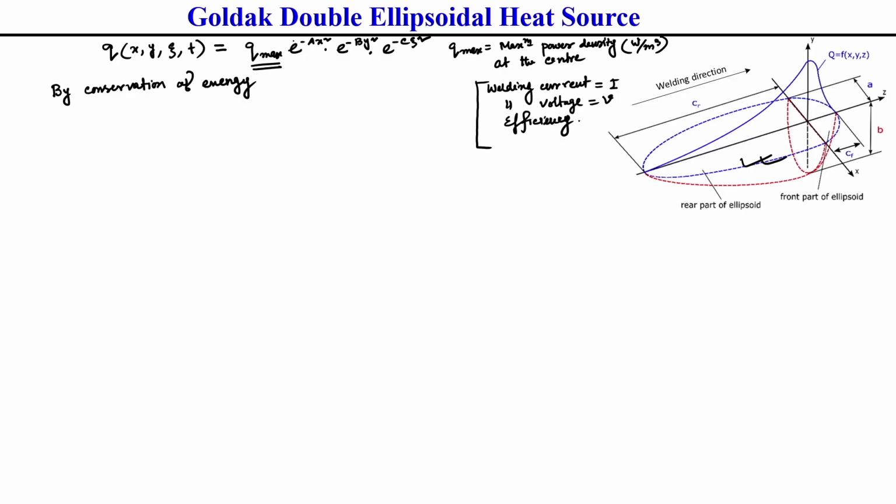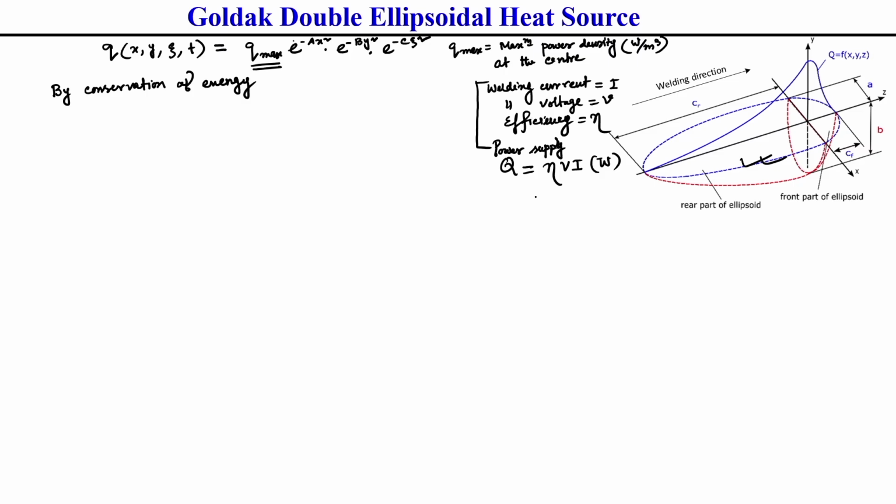Always you should keep this in mind, this is the power source efficiency, which let us consider as eta. Okay. So, the energy supplied by the power source, you can write as Q, which you can write as eta into voltage into current, its unit is watt, this you know.